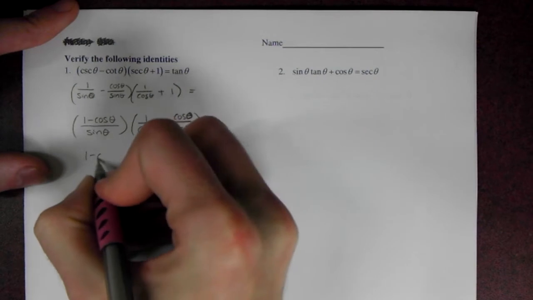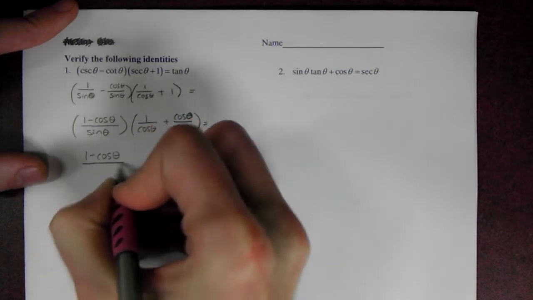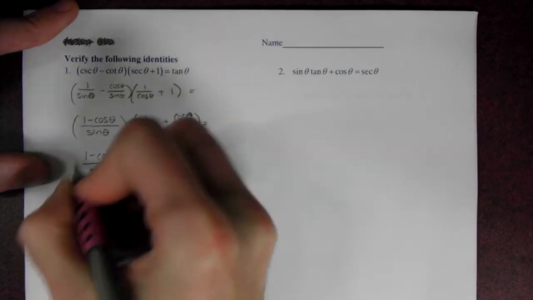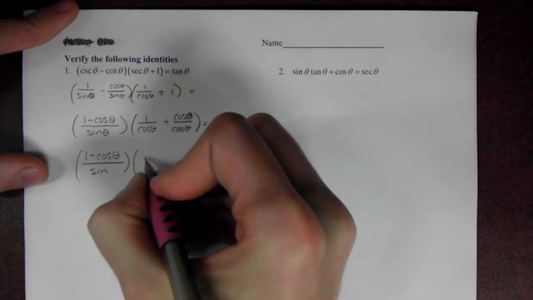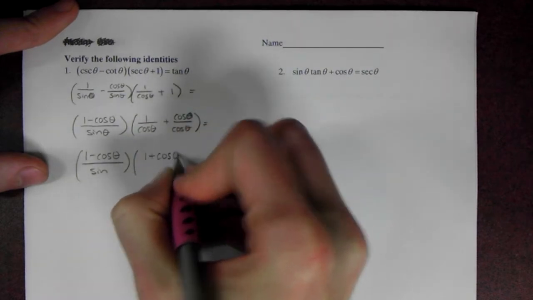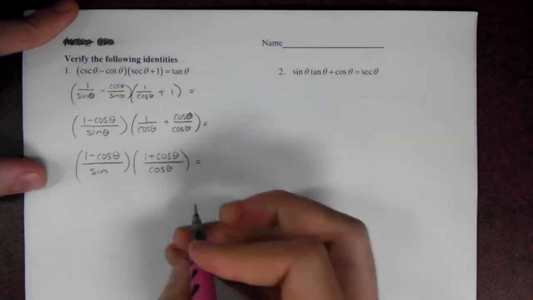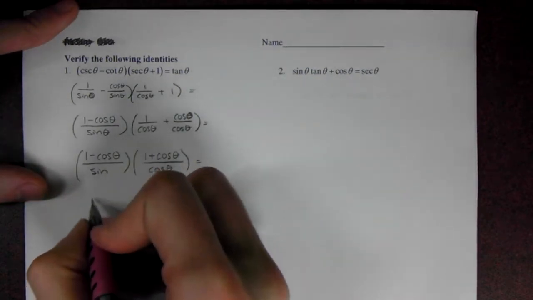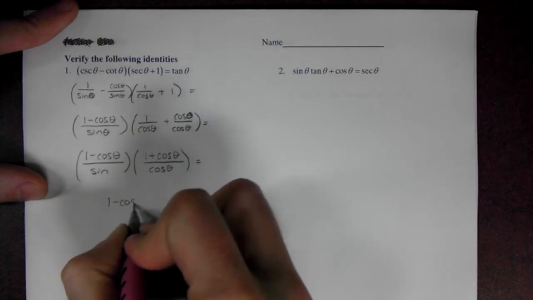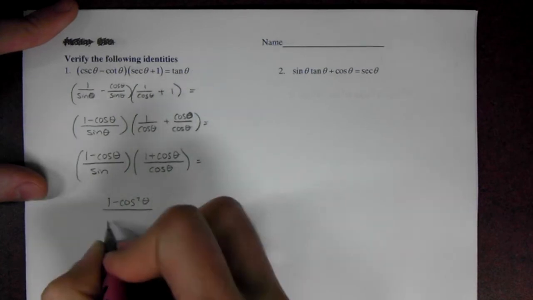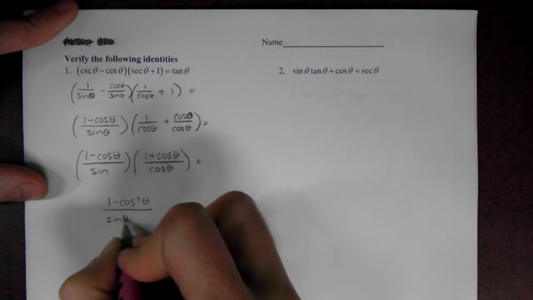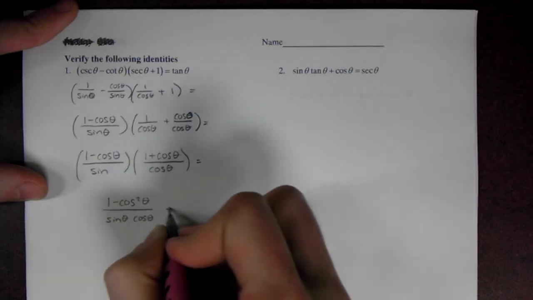Alright, so I have 1 minus cosine over sine times 1 plus cosine over cosine. Then multiplying across the top, we're going to get 1 minus cosine squared over sine cosine.